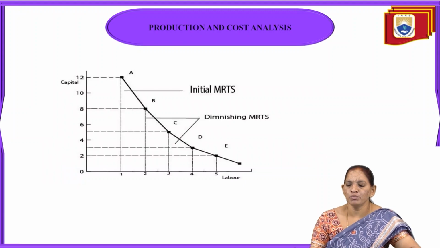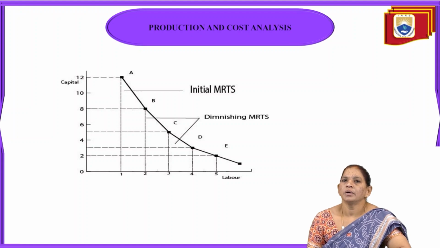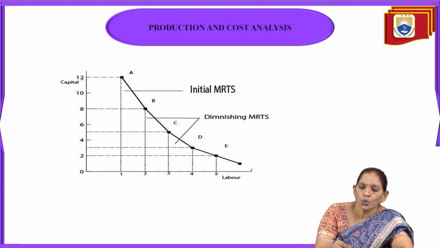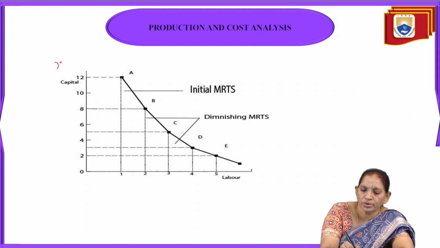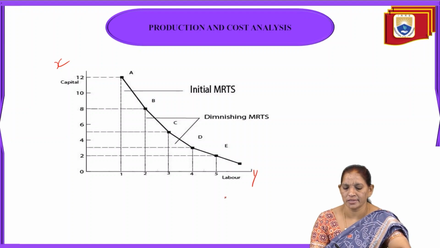So here we are able to see the graphical representation of this marginal rate of technical substitution. We can say that capital is denoted on the x-axis and labor is taken on the y-axis.